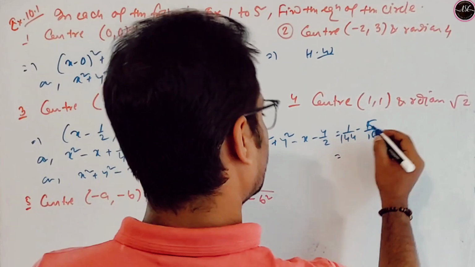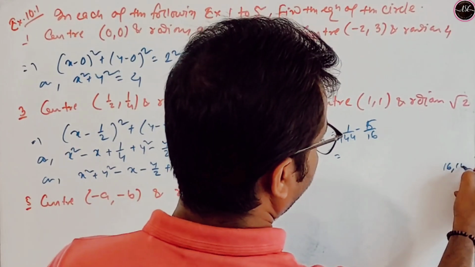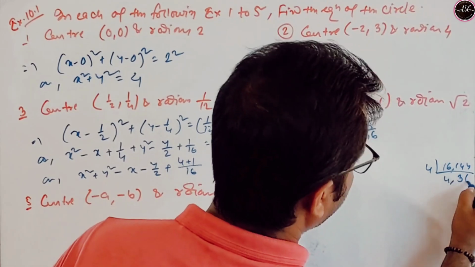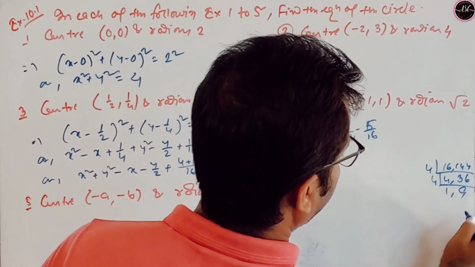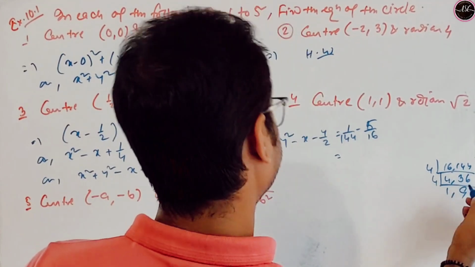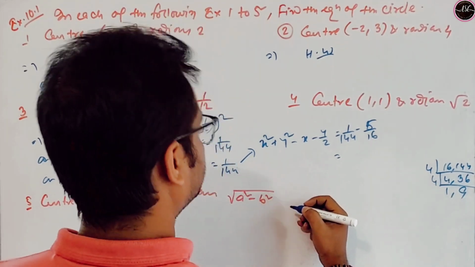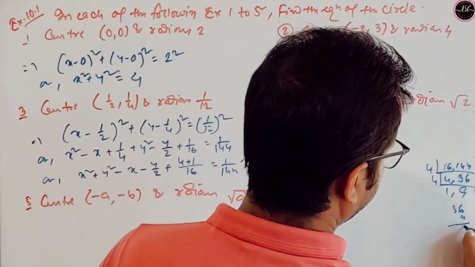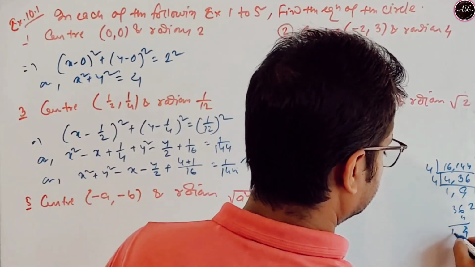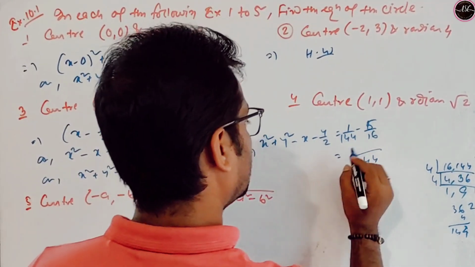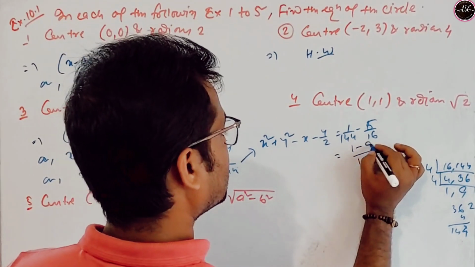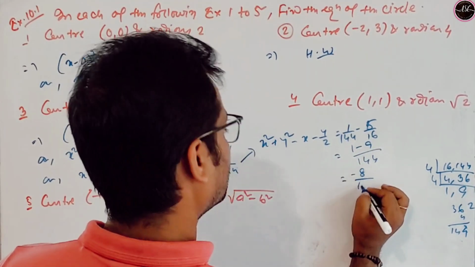So here it will be 16 and 144, the common denominator is 144. Then the numerator becomes 1 minus 45, that means minus 44 by 144.